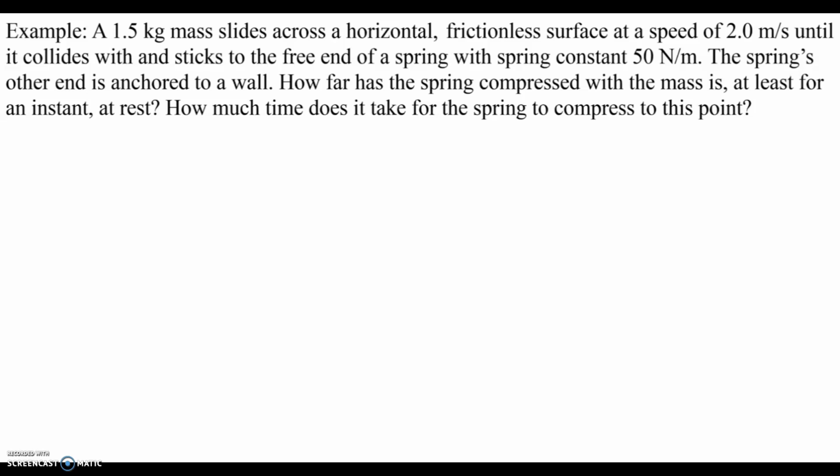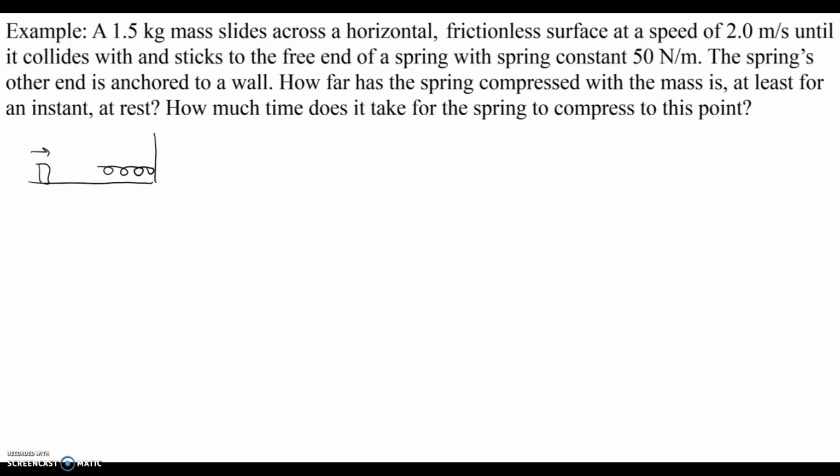So the problem does tell us that, let me actually switch to a thicker pen here, that we have a mass and it's traveling along and it's headed towards a spring, where the spring right here is relaxed.